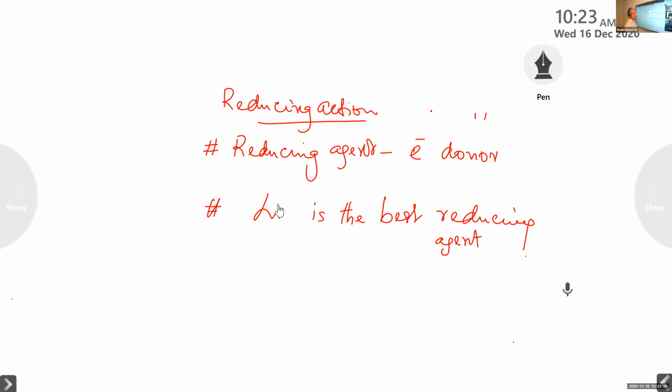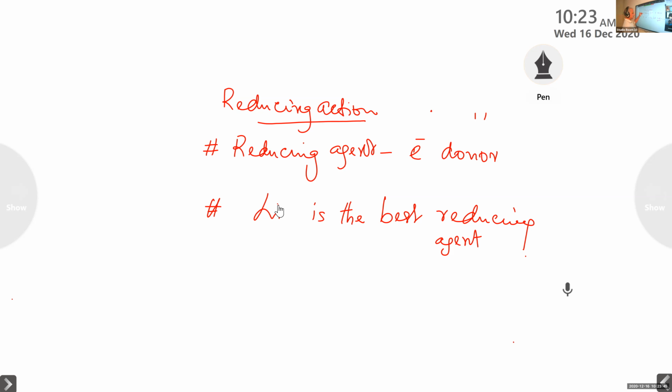Reaction with water. Alkali metals can react with water with the formation of hydrogen gas. Say lithium, sodium, potassium, all these can react with water with the formation of the metal hydroxide and hydrogen gas.